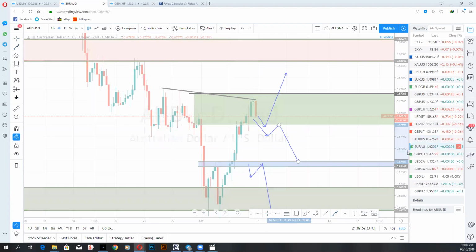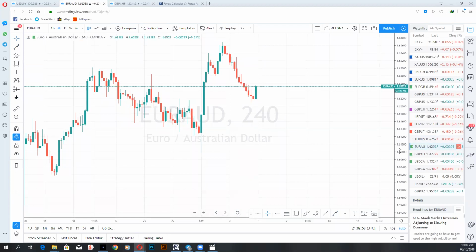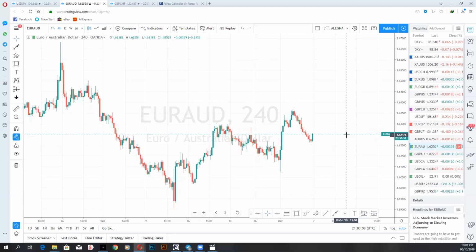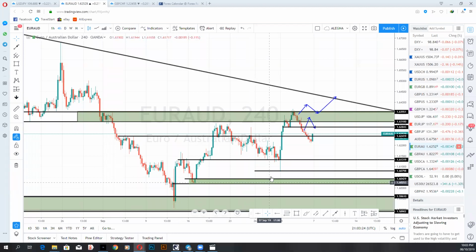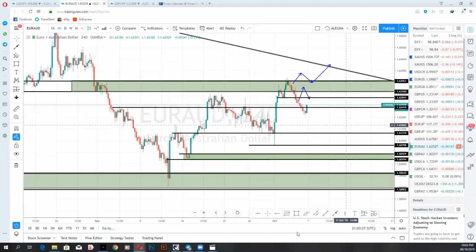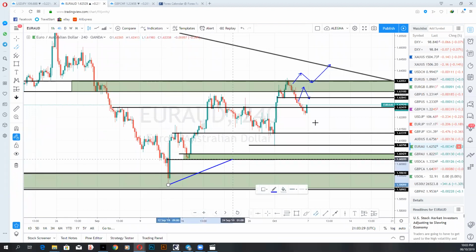So the next pair we're going to look at is the Euro AUD. My network is not as efficient as I would expect it to be. Looking at this pair, there seems to be something here.